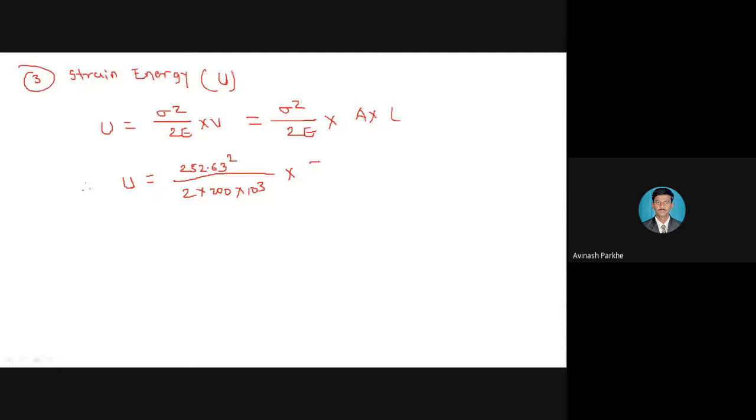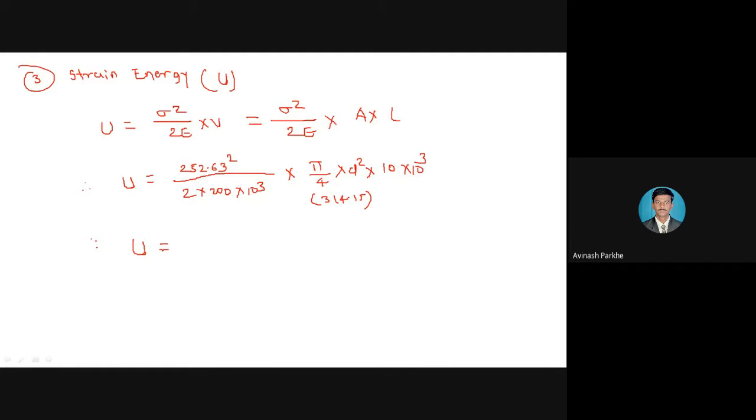So area pi by 4 into d square into length. How much length is there? That is 10 into 10 raised to 3. And pi by 4 d square we have calculated 314.15.